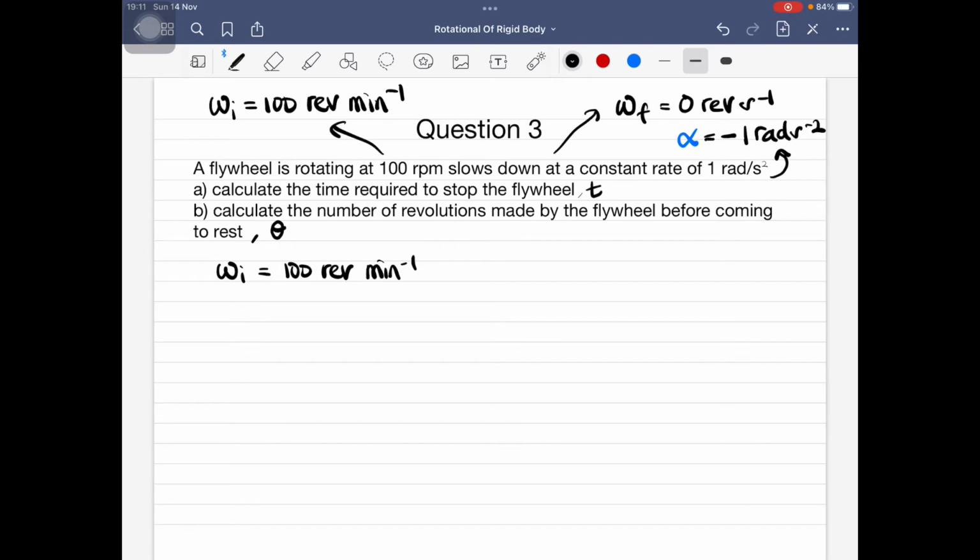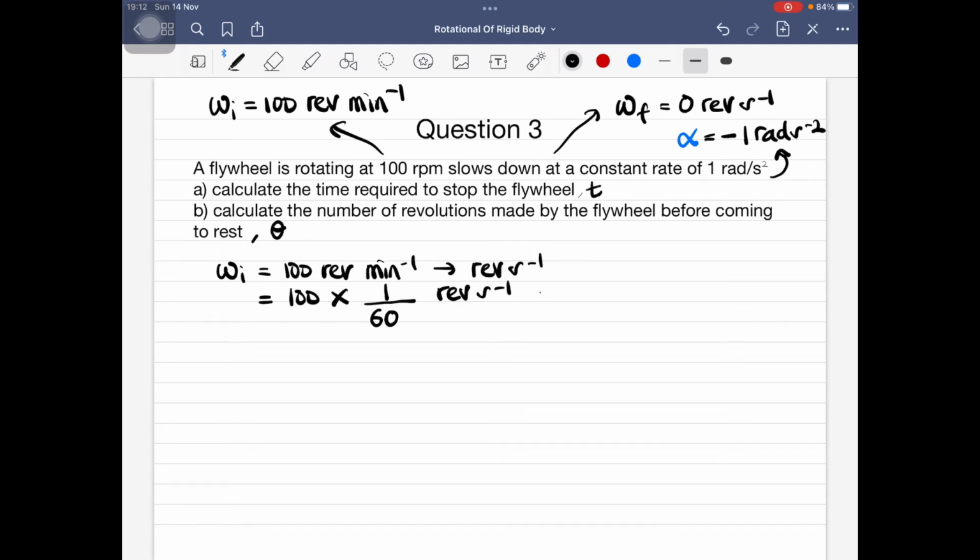I want to change it into revolution per second, so it will be 100 times 1 over 60, and the unit will be revolution per second.